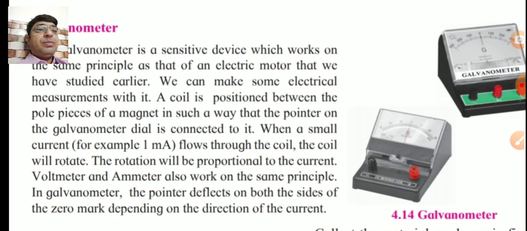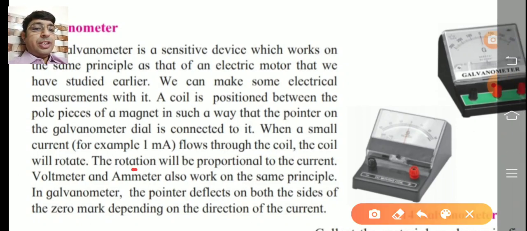A coil is positioned between the pole pieces of a magnet in such a way that the pointer on the galvanometer dial is connected to it. When a small current, for example only 1 milliampere, flows through the coil, it will rotate. The rotation will be proportional. So underline that rotation will be proportional to the current.